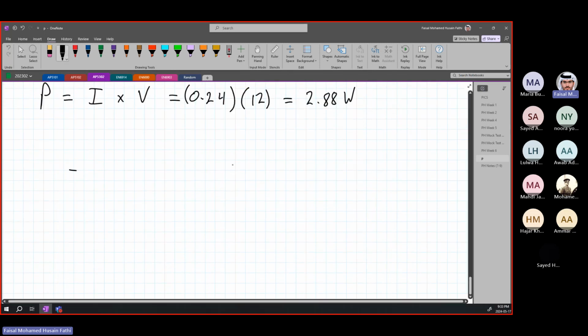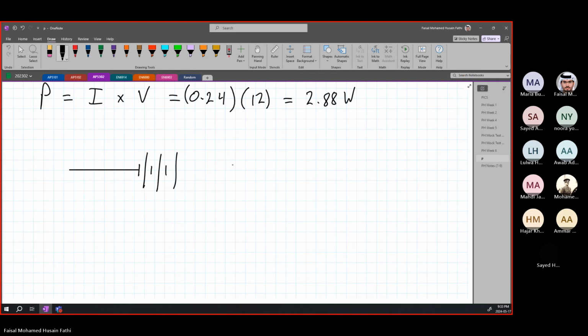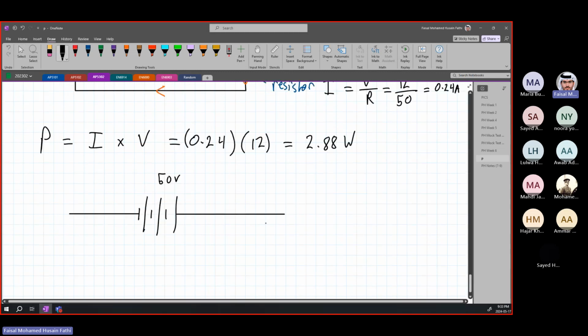So if you want to draw it in a circuit, this is what a battery would look like. Right? So they're going to draw multiple cells in a row, and then they're going to give it a value of 50 volts. Right? So I said something about electromotive force, which is EMF. So I said this is the EMF of the battery. All right.